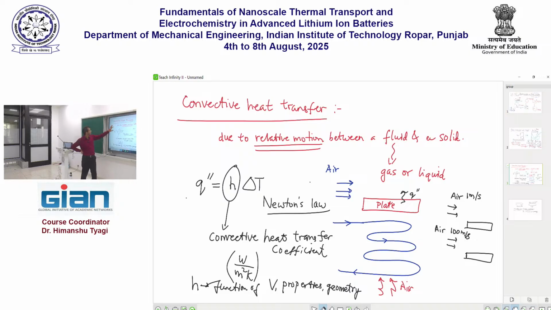So in the world of convective heat transfer, step number 1 is to find out the value of h for your specific geometry.